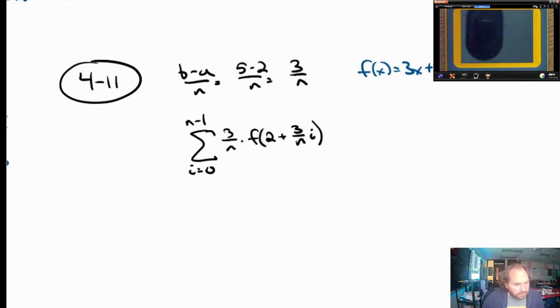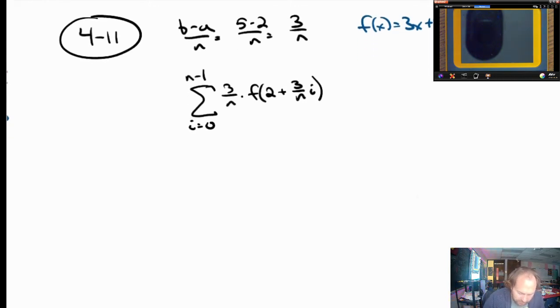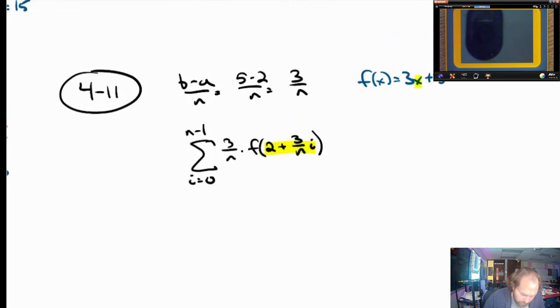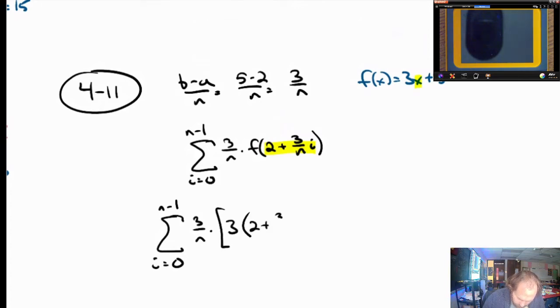That would be the general one. Otherwise, you could make this a little easier to work with by plugging this expression in for x right there. It might look a little hairy to begin with, but it'll be 3 over n times, in big parentheses, 3 times 2 plus 3 over n i, plus 5.